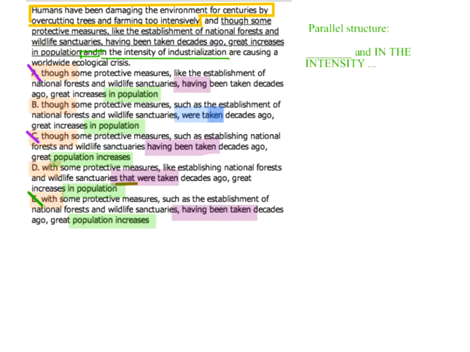Yeah, parallel structure is one, right? Well, the parallel structure here, you'd probably say national forests and wildlife sanctuaries. That's not really unparallel. Let's talk meaning for a second.